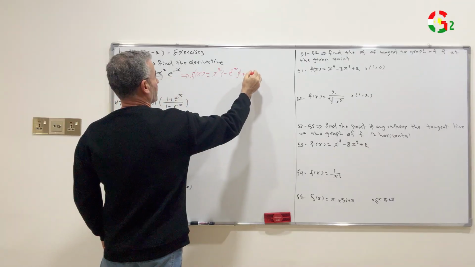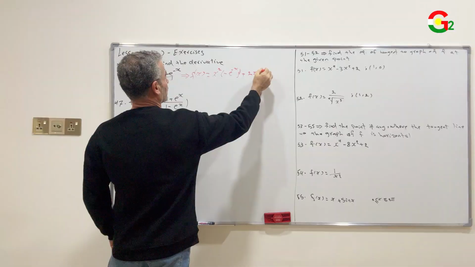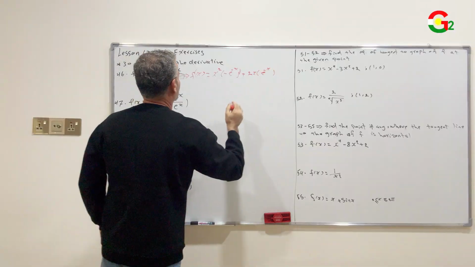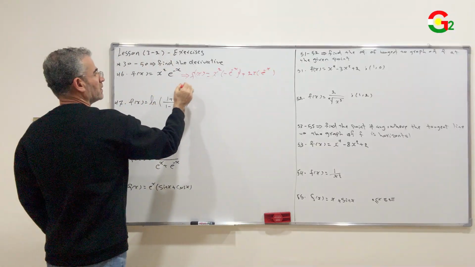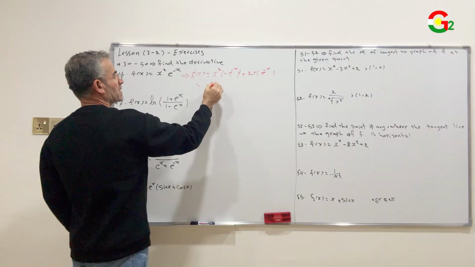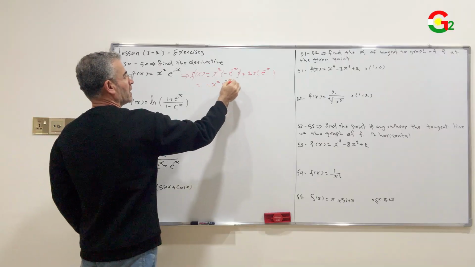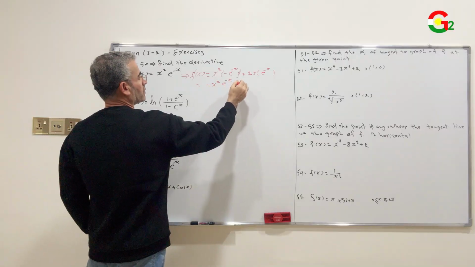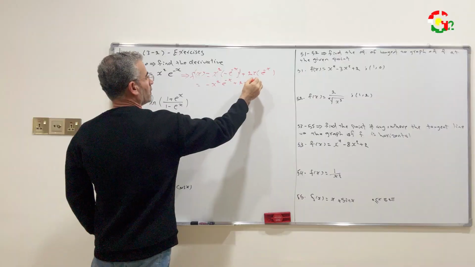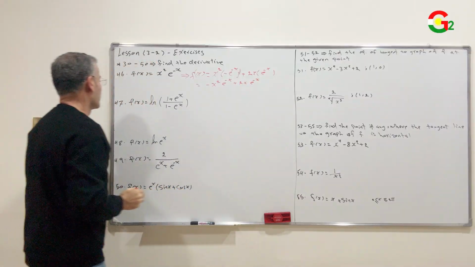The derivative of the first function is 2x times e to the negative x. Simplify this derivative: negative x to the power 2 e to the negative x plus 2x e to the negative x.